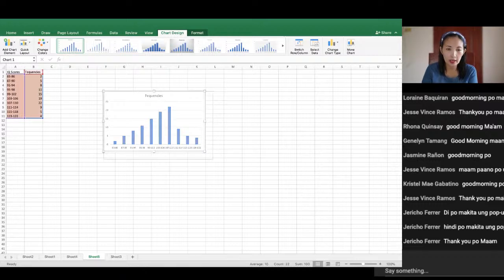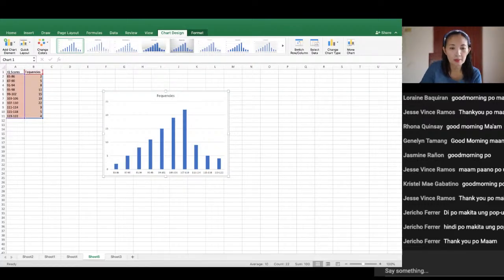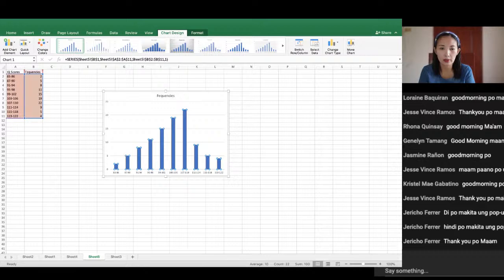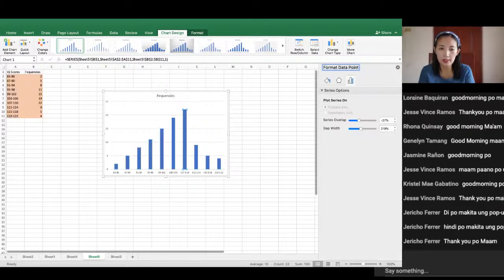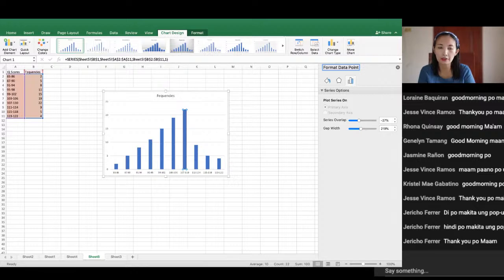However, when we discussed the histogram, if you could remember, we said a histogram is different from the ordinary bar graph because in a histogram there should be no spaces between the bars. So how shall we edit this? Click on the graph, and this will pop up.